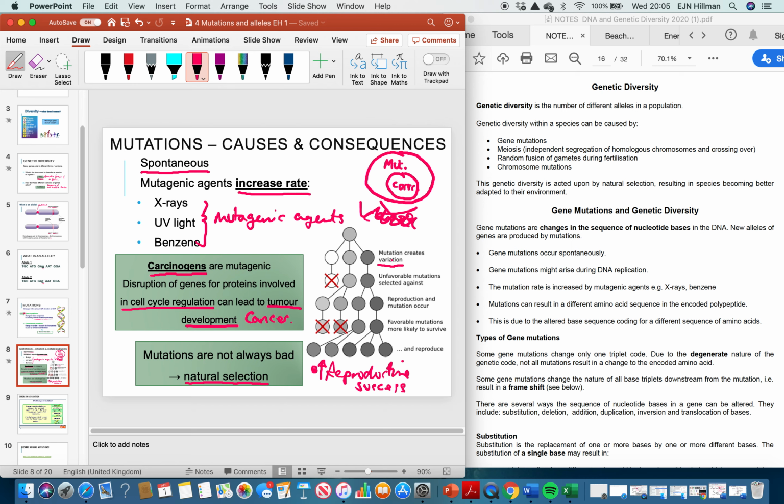Favourable mutations will be selected for. Those individuals with the favourable mutation are able to reproduce more often, and if they have a higher reproductive success, that means that more of their alleles are passed on. Now we'll look at natural selection in more detail later, but that is a rough idea.